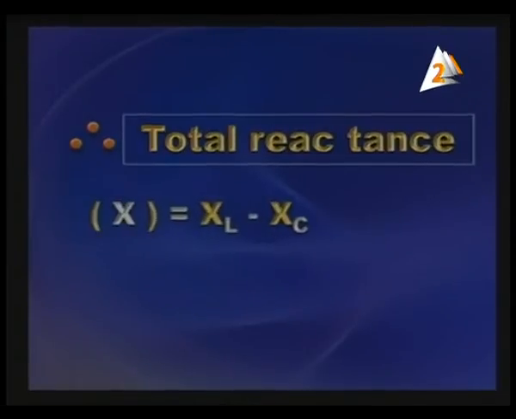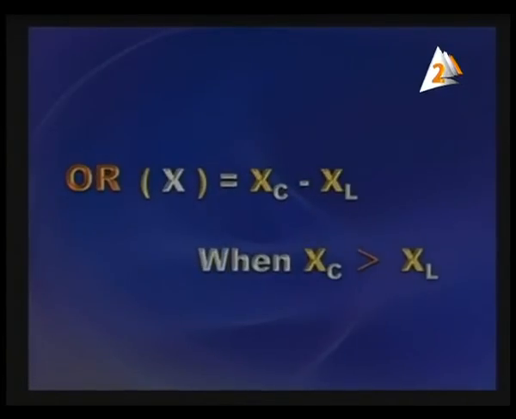Total reactance, of course, is denoted by X, and is equal to XL minus XC when XL is greater than XC, and XC minus XL when XC is greater than XL.